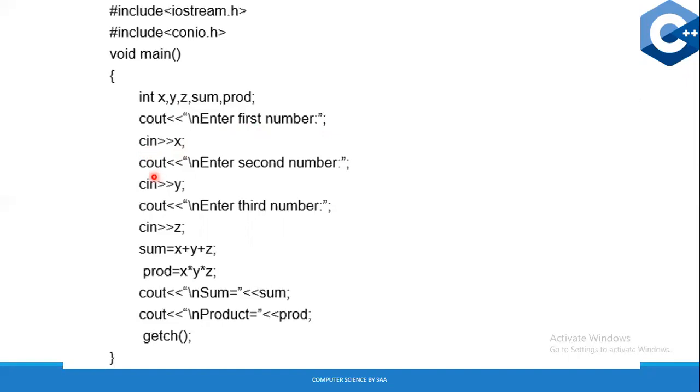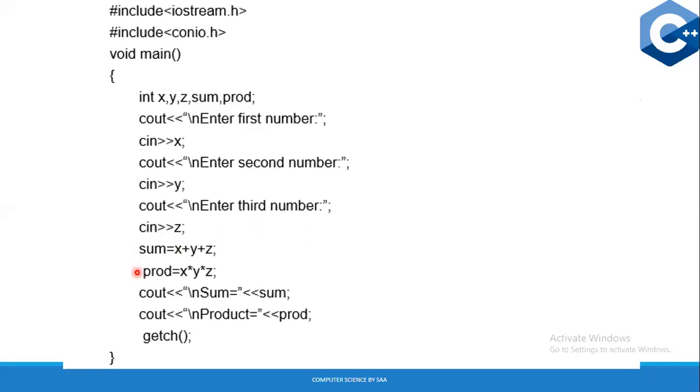Again, a message will appear on the screen: Enter second number. Whatever value the user enters will be stored in the variable y with the help of the cin statement. Then again, another message will appear on the screen: Enter the third number. The value will be stored in variable z with the help of this cin statement. Now, we have got the three values from the user.